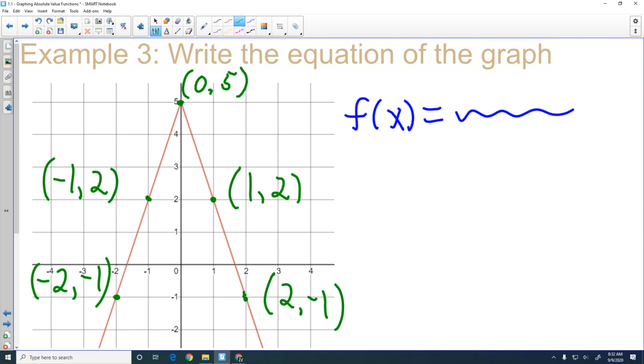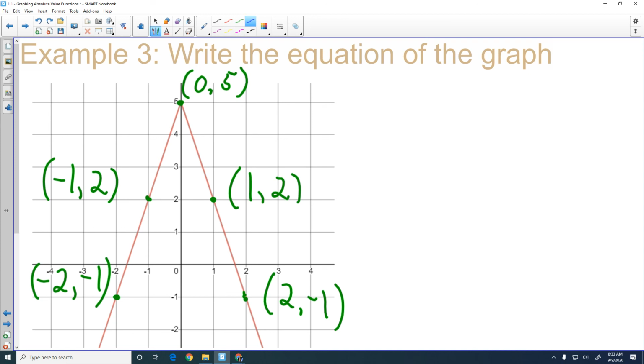All right, so if it helps, write out each of those transformations. So some things that I noticed right off the bat is this is not a V, it's upside down.